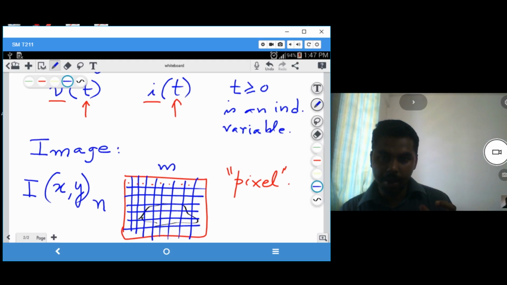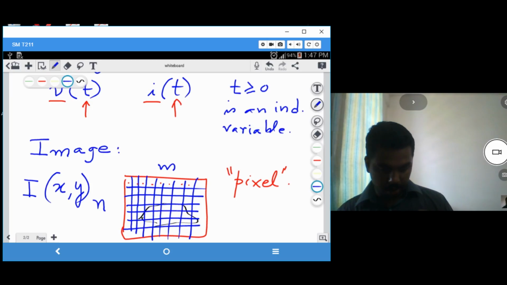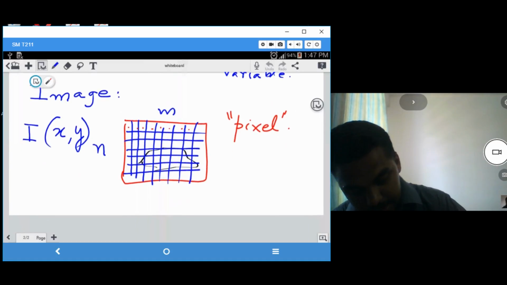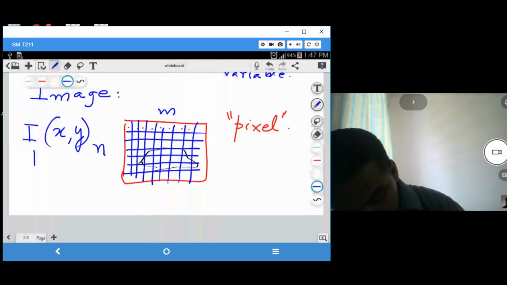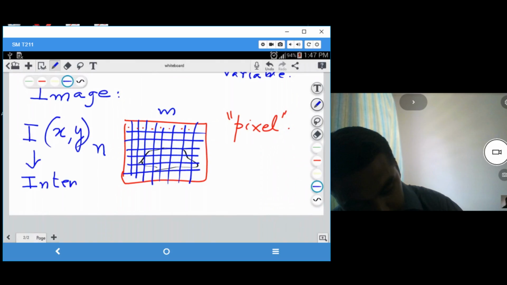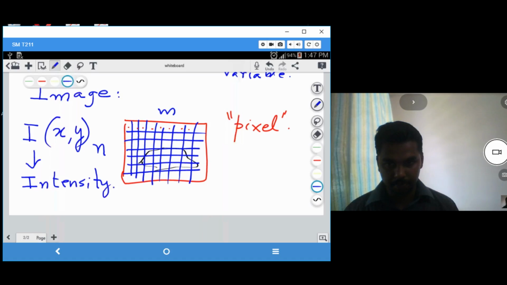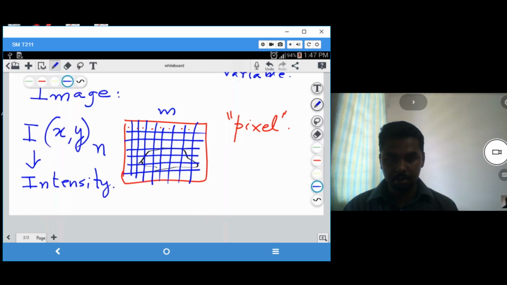So xy denotes the spatial location of each pixel and I of xy represents the intensity function, or the intensity of the color of that particular pixel. We shall not see this in much detail now.